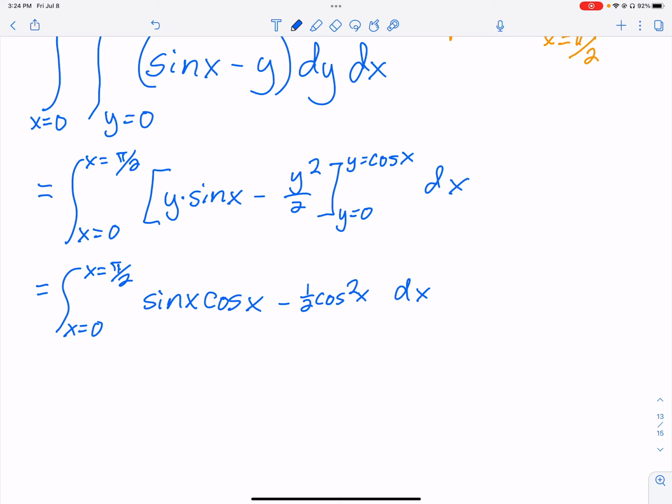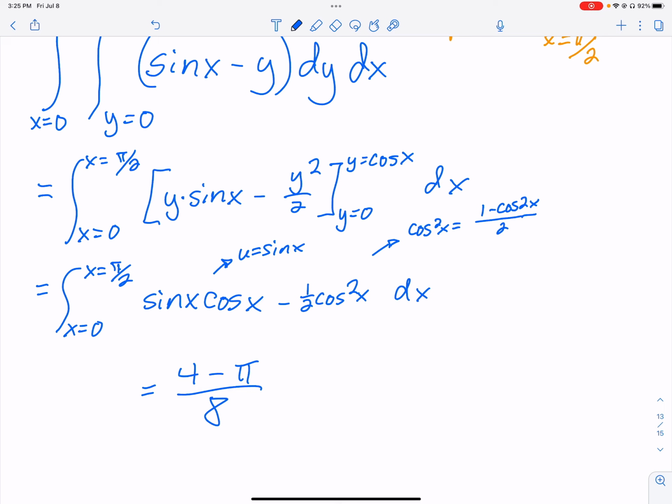This is just a U sub for the first one, and then the second one, you have to remember that cosine squared x is the same thing as, let's make sure I get this right, 1 minus cosine 2x over 2, something like that, I believe. So you do that, this would just be a U sub, let U equal sine, right, and that would solve that. Okay, so this works out. If you want to check your answer, it's 4 minus pi over 8.